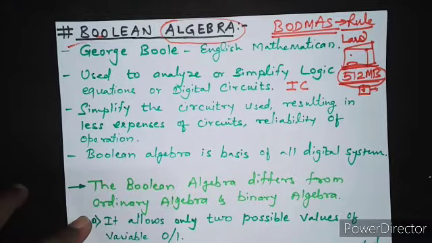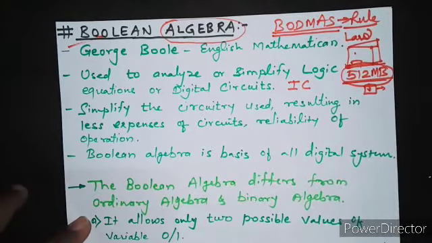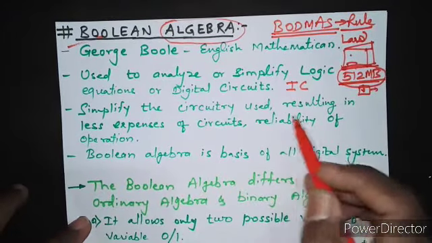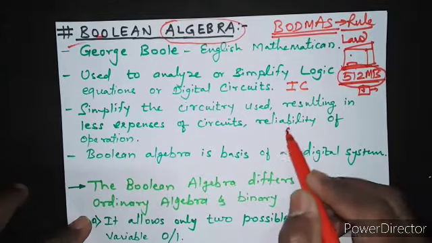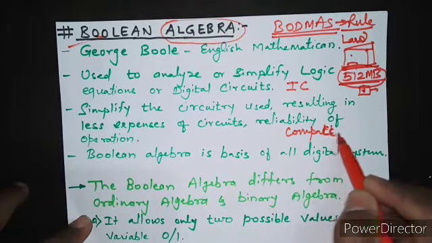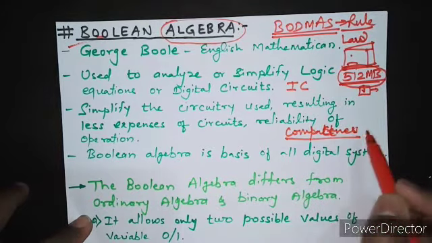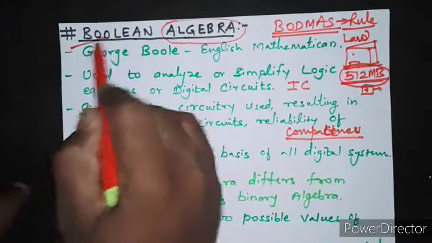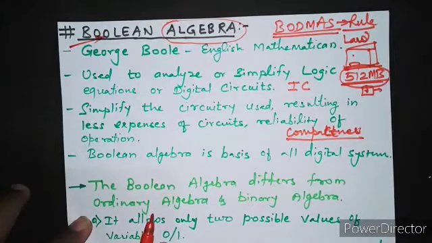Now the circuit is very compact, and it gives you a digital output. Everything here is related to compactness, and this compactness is achieved with the help of Boolean algebra.